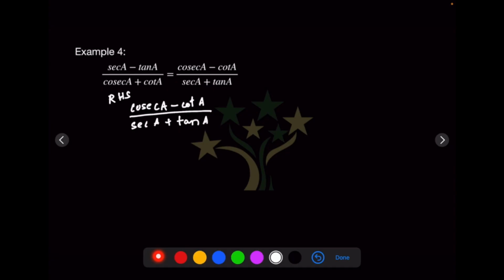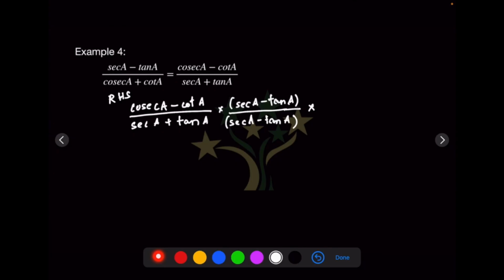So in the LHS, if you see, we again require the terms in terms of sec, tan, cosec and cot. So what can we do here? We can multiply the numerator and denominator with secA minus tanA.